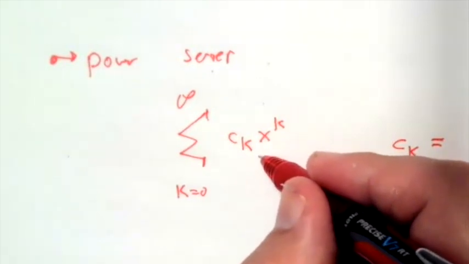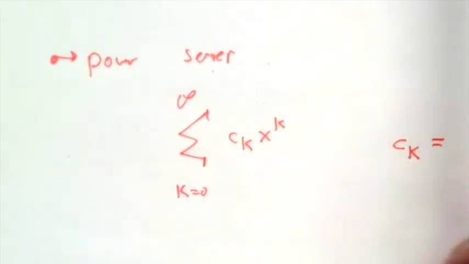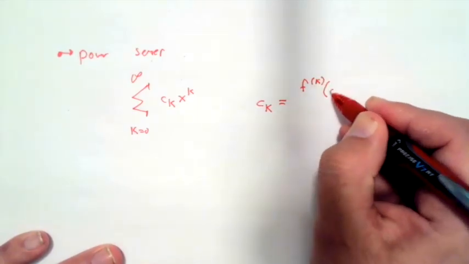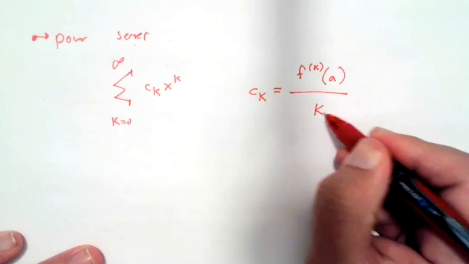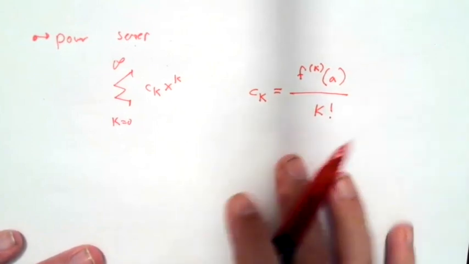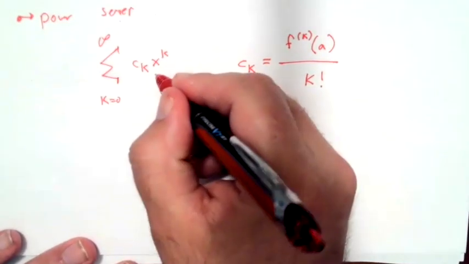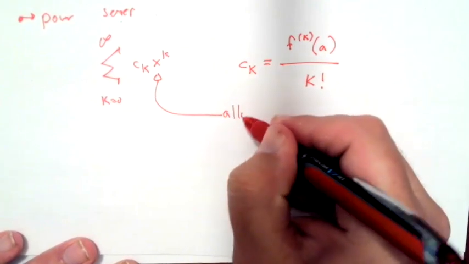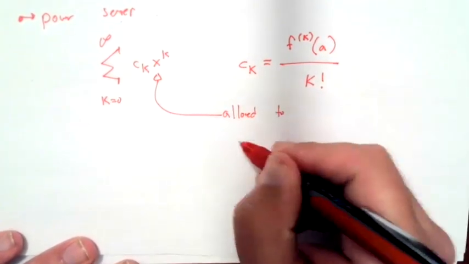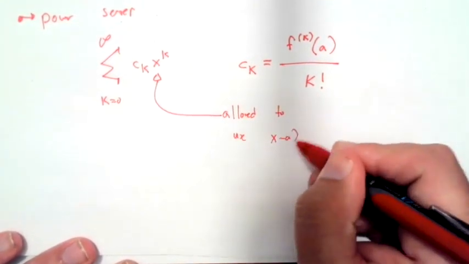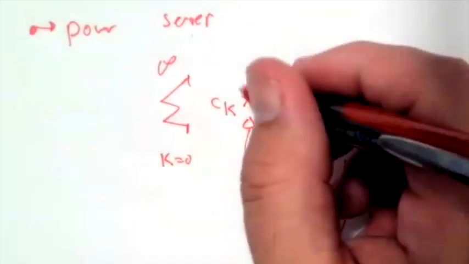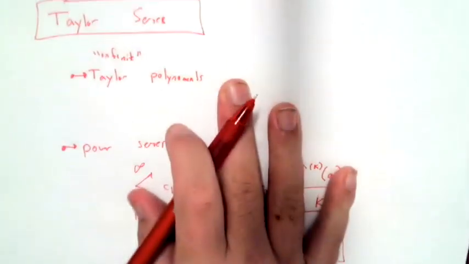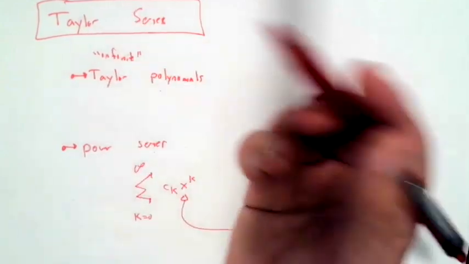We're going to use x minus a if we want to change where this is centered. So my coefficient comes from evaluating the kth derivative at a and dividing by k factorial. And I'm allowed to use x minus a, which could be algebraically rewritten to just use x to the k. So these are two important ways of thinking about Taylor series.